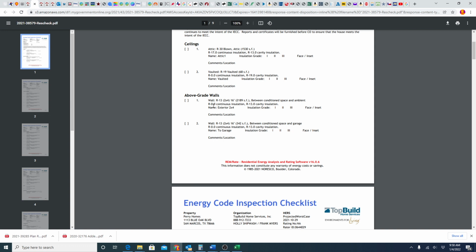On your above grade walls, and this is more of a specific thing to New Leaf homes, sometimes Highland will add continuous insulation, or a garage wall will say continuous insulation of an R11. Those are insulation values that don't make sense. The software itself actually gives you credit for continuous insulation of your exterior sheathing products and your interior sheathing product of sheetrock.